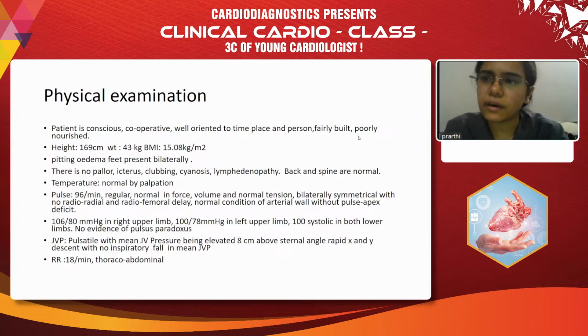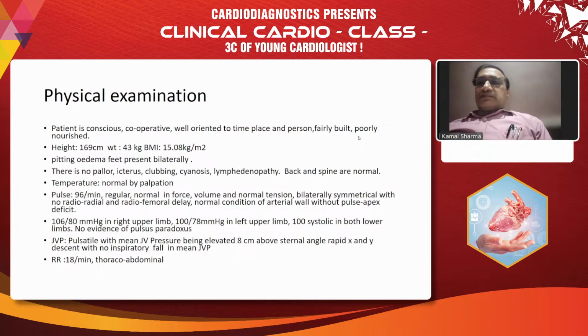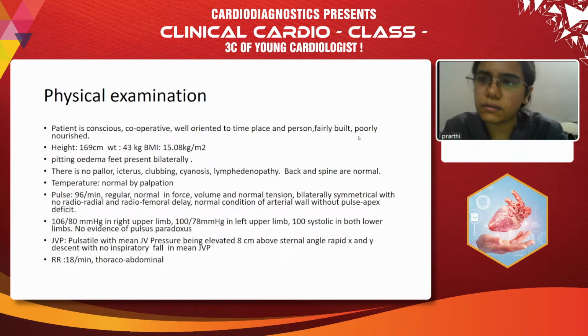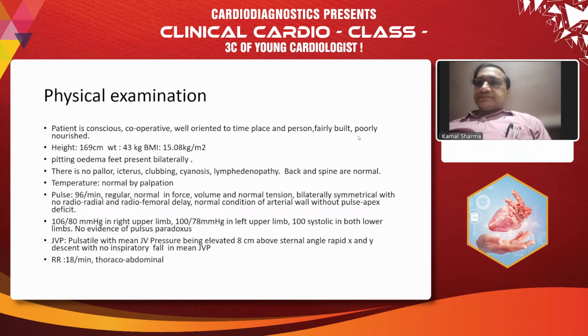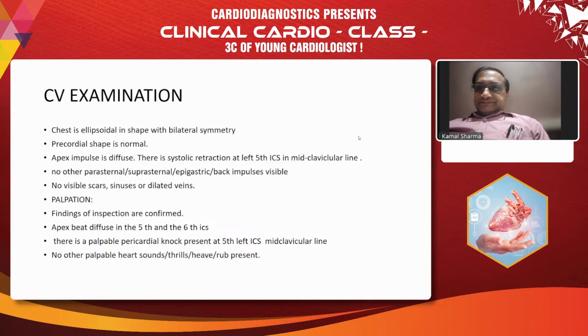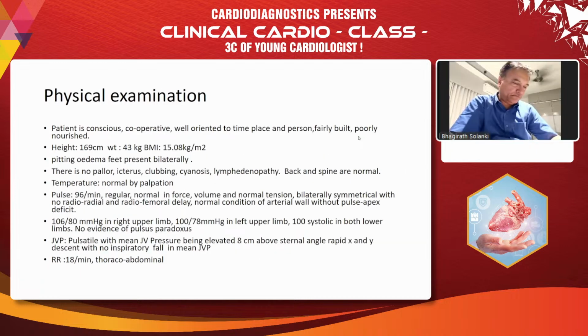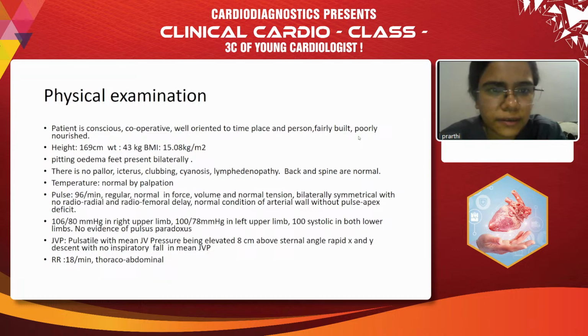No, what do you control it with? If you can't give CCB, you can't give beta blockers, and the patient has AF, what is the drug of choice? Sir, digoxin. Digoxin, yes. Should I move forward, sir?